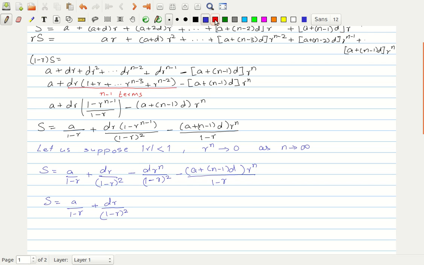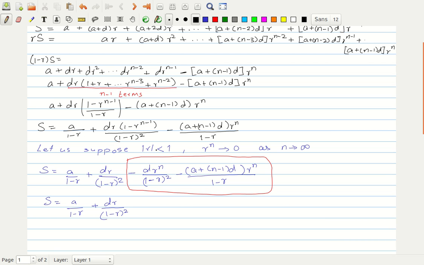So, both these terms from here to here will become 0 as n approaches infinity. Okay. So, this is what you have, a formula for the sum of an infinite series of arithmetico-geometric progression if the absolute value of r is less than 1.